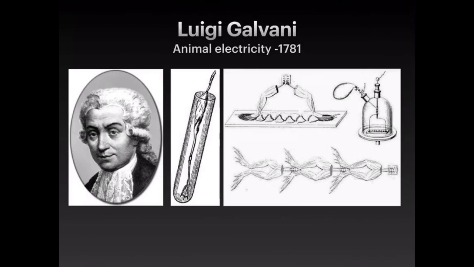Luigi Galvani, an Italian physicist, discovered something he named animal electricity when two different metals were connected in series with a frog's leg and to one another. He found that when two different metals are connected to a frog's leg, the legs of the frog suddenly moved.